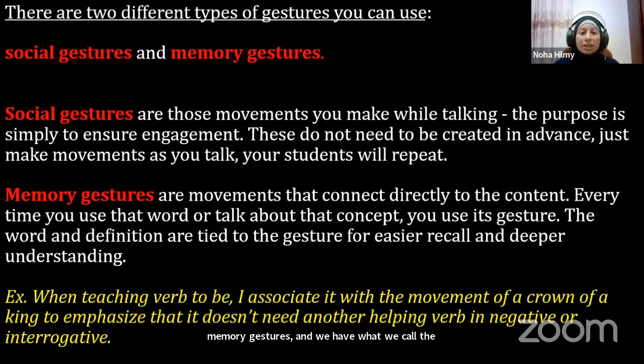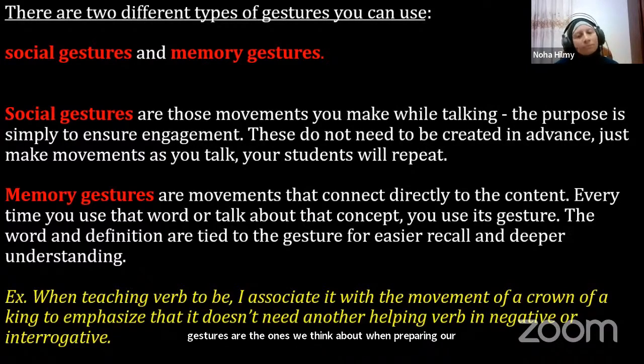So the social gestures are the ones we use within our social interactions. For example, when I say hi, when I say what's up, when I say bye-bye. But the memory gestures are the ones we think about when preparing our lessons.